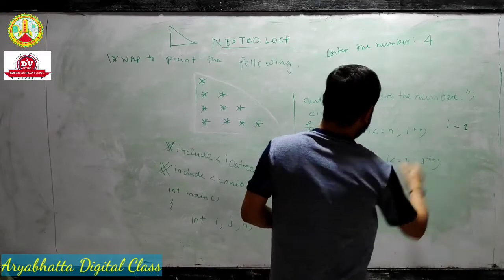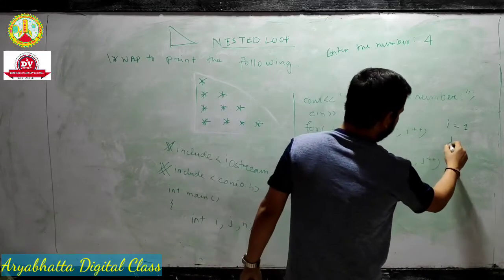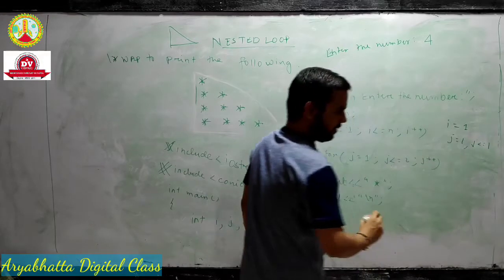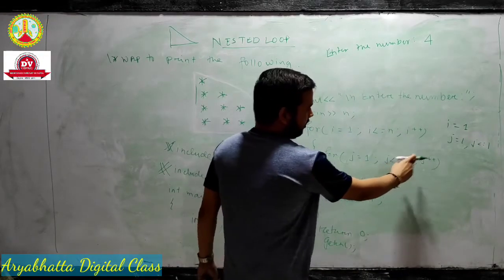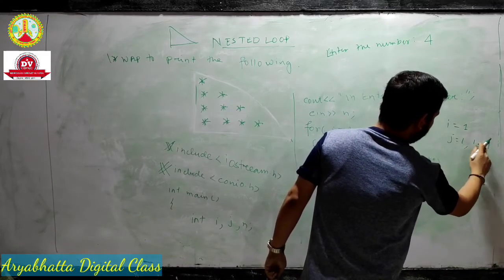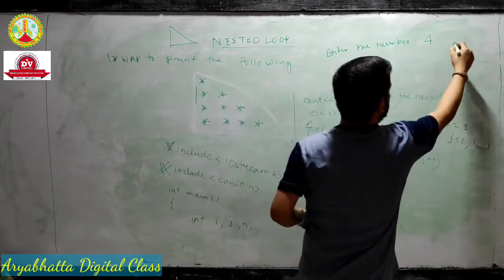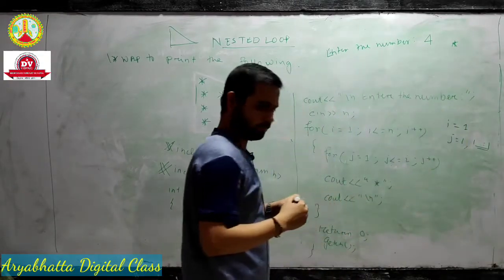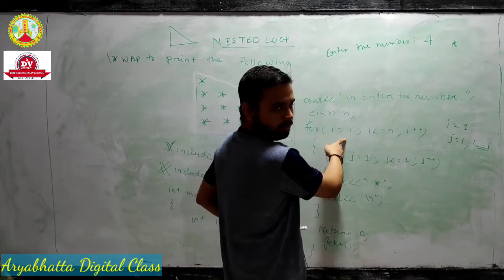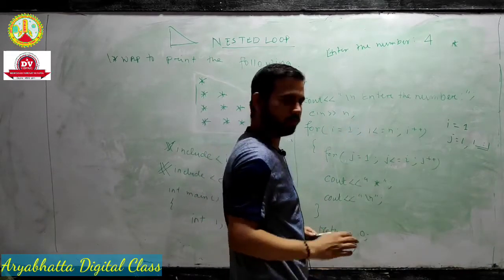When we take i equals 1, you just enter this loop. Now your j value is 1 and j less than or equal to 1. So i equals 1, less than or equal to 1. Now your j value will be 1; 1 equals 1, this condition will be satisfied. Then one star will be printed. Next, it comes in again because this is a loop. It goes and goes until the condition is unsatisfied.